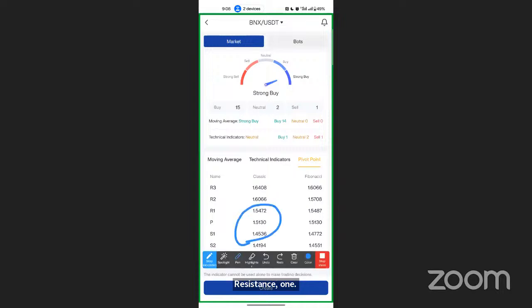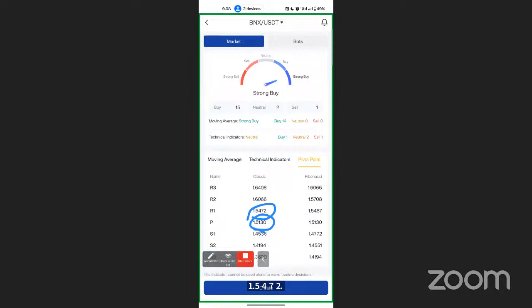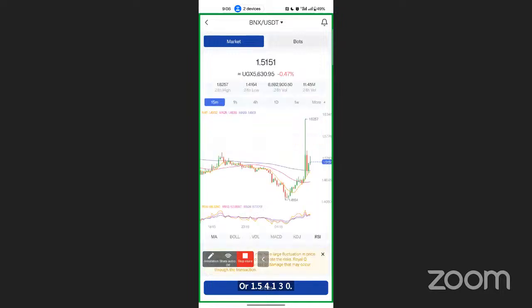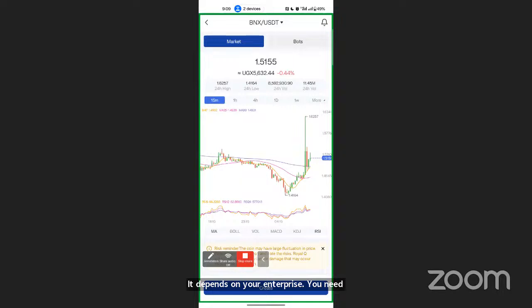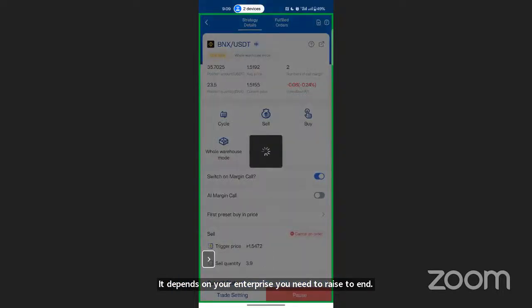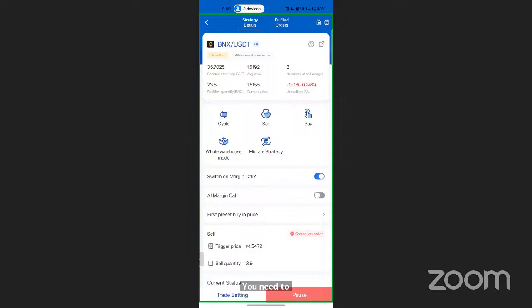Someone says 1.5472 or 1.54130. It depends on your entry price. You always need to look at your entry price. So my entry price is a little bit high, so I'll leave it at that.